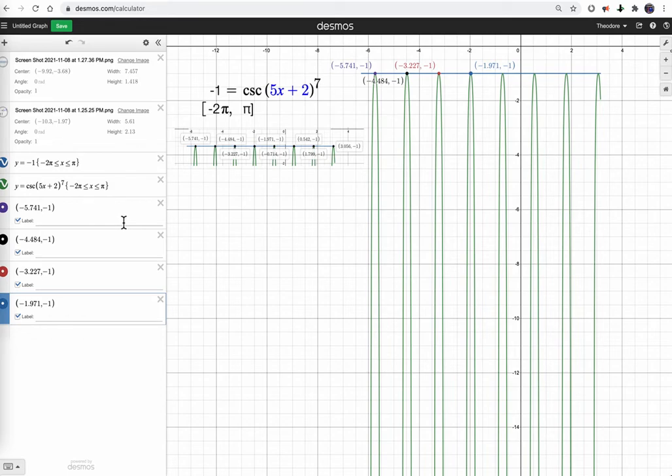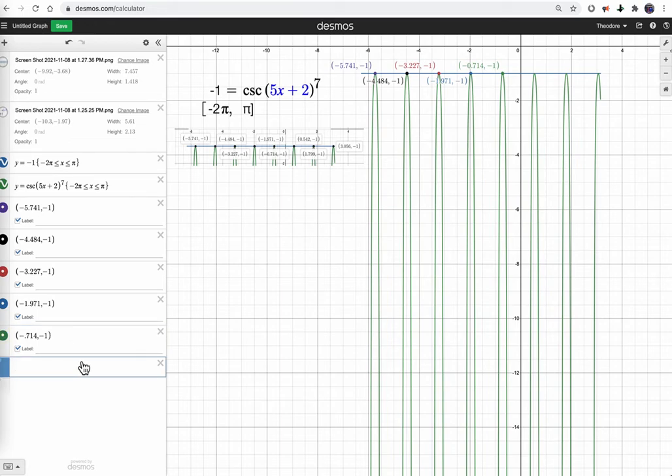Negative 0.714. I just want to make sure every solution is accounted for, that's why I keep hitting label.